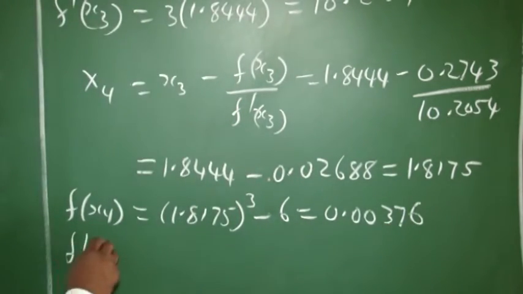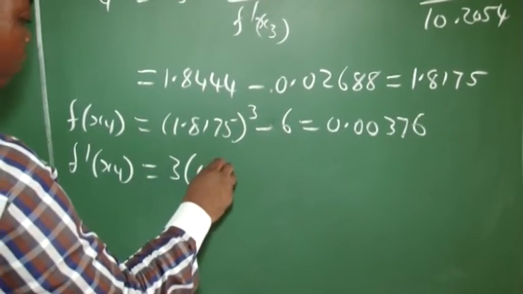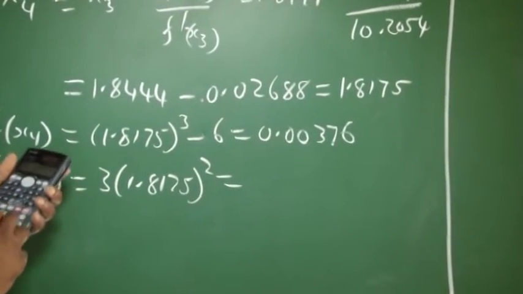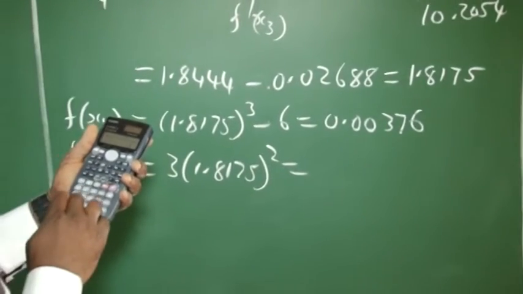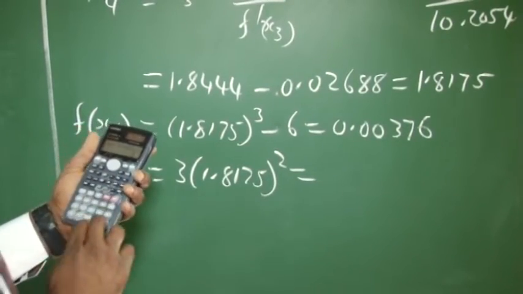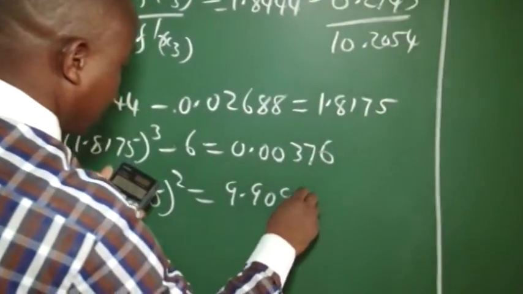F prime of x4 is 3 times 1.8175 squared, which gives us 9.9099.